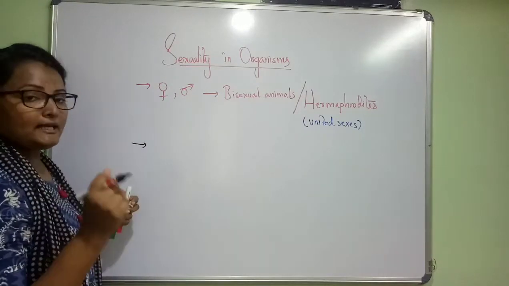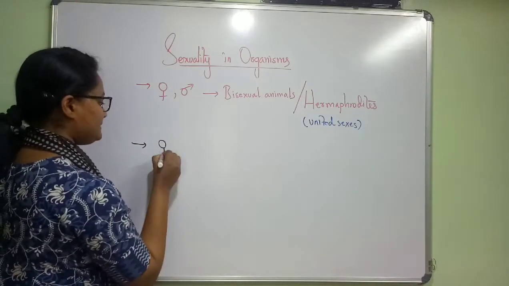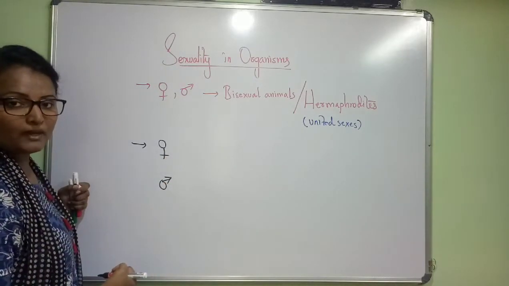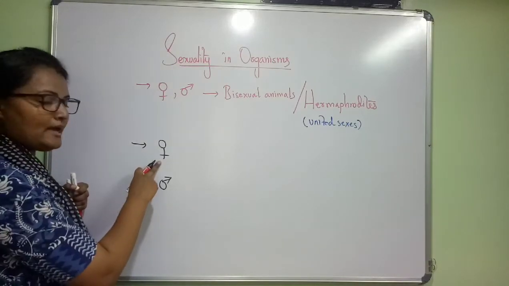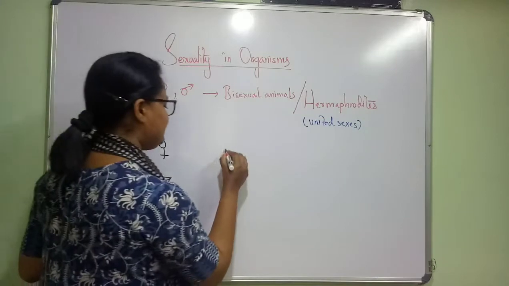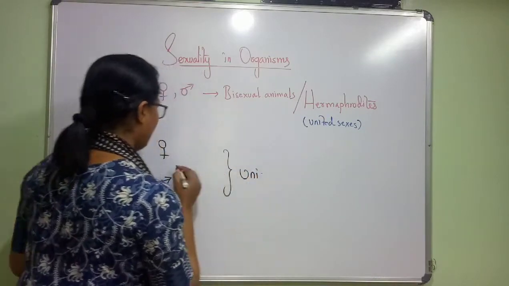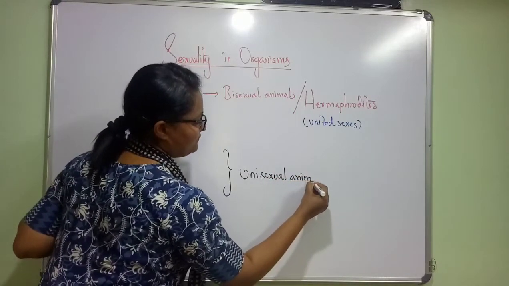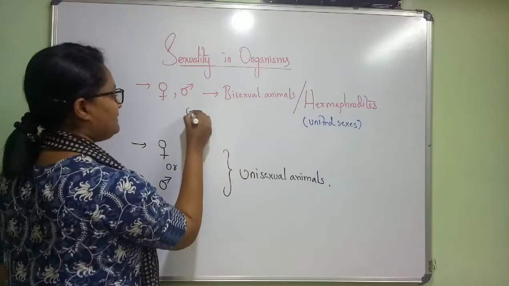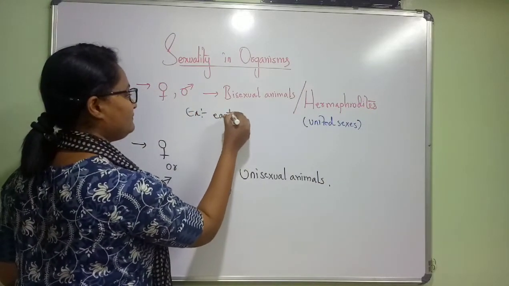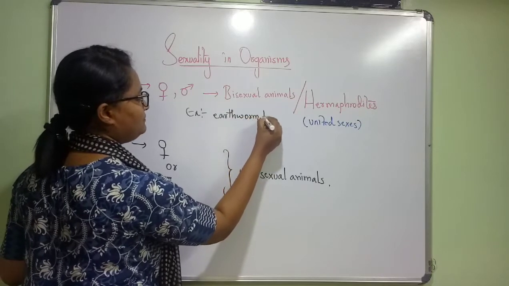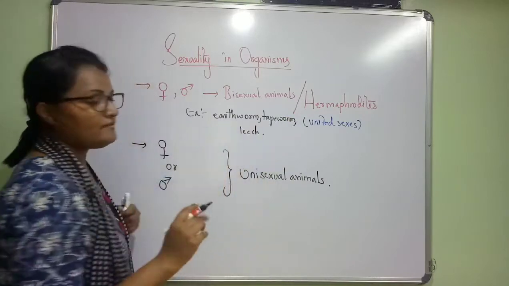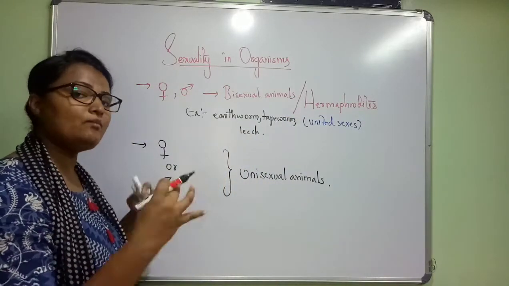Next, in an animal, they may present female or male. Either the organism contains male organ or female organ. This we call as unisexual animals. Here we can give examples: earthworm, tapeworm, leech, where their sexes are united, means they contain both the sexes.